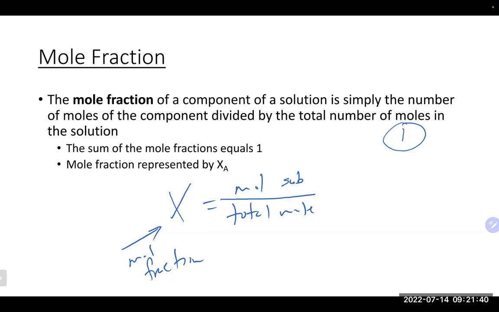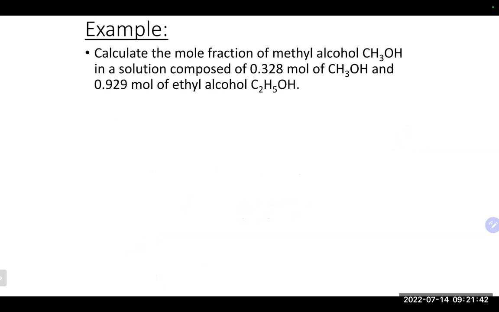So let's take a look at one here. Calculate the mole fraction of methyl alcohol in a solution that's composed of 0.328 moles of methanol and 0.929 moles of ethanol. So if we wanted to figure out the mole fraction of our methanol, or methyl alcohol, it would be the moles of our methyl alcohol divided by the total moles.